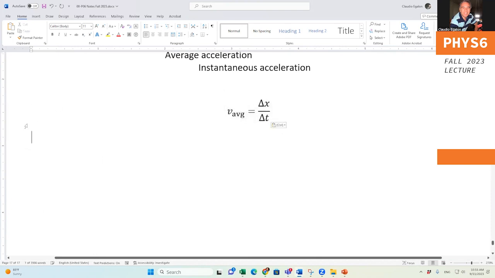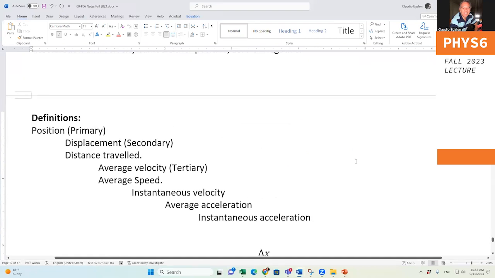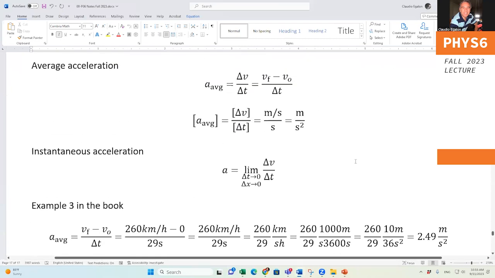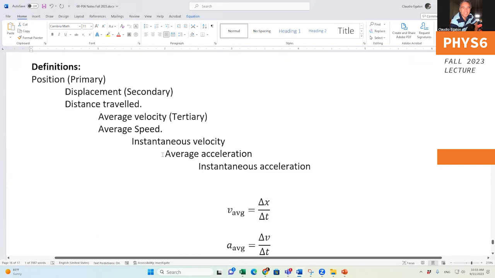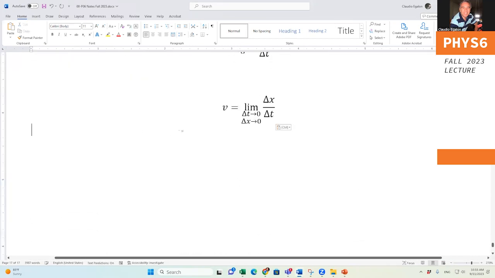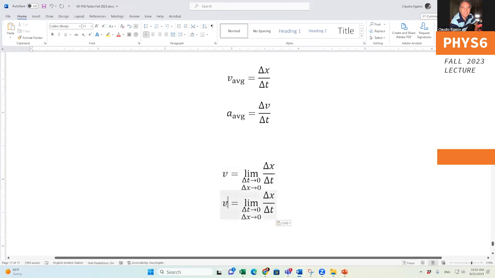I'm just going to copy this one here and change the symbols. And we do the same for instantaneous velocity and instantaneous acceleration.